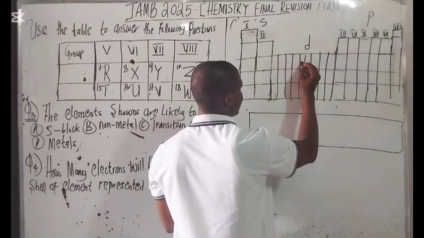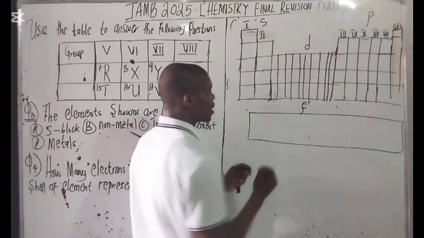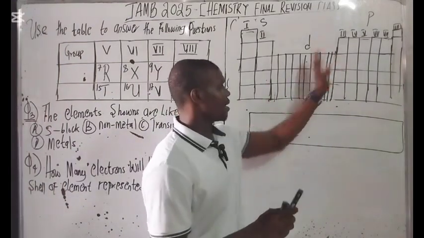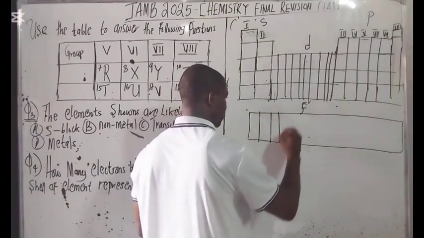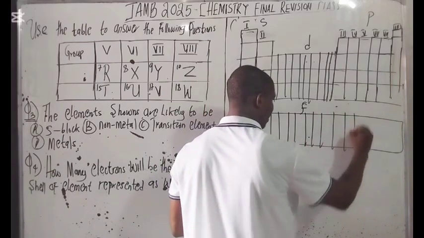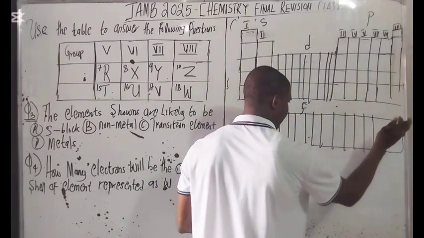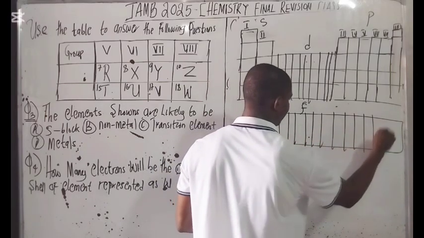So the D block has 10, while the F block has 14: 1, 2, 3, 4, 5, 6, 7, 8, 9, 10, 11, 12, 13, 14.